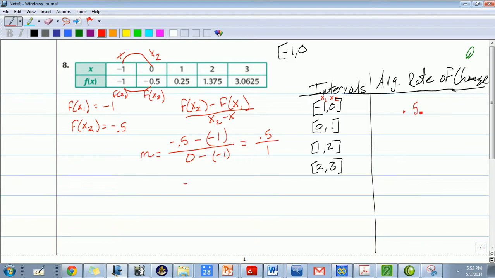Now you would have to do that for each one of those. The next interval we're going to deal with is 0 to 1. If we're talking 0 to 1, then you're going from here to here. Now this is our x1 and this is our x2, meaning this is our f of x1 and this is our f of x2.